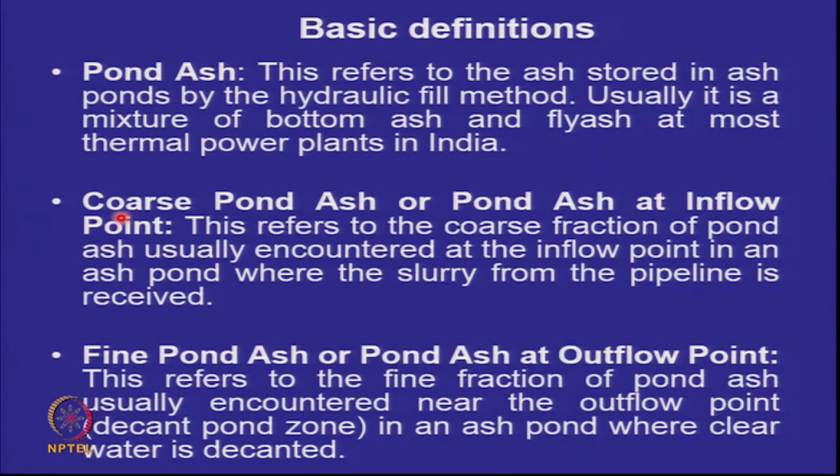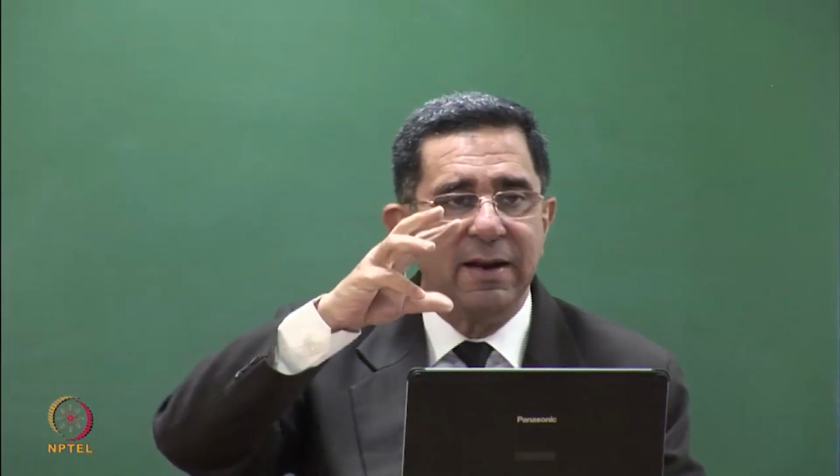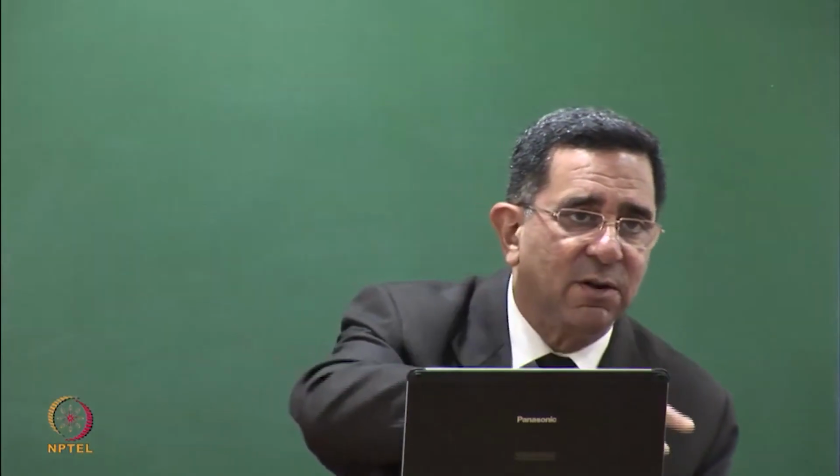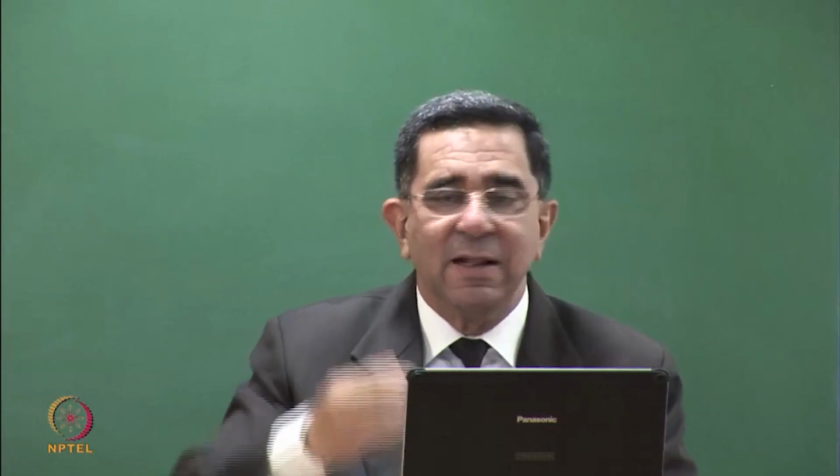Now, there will be some times I will use the word coarse pond ash or pond ash at inflow point, and fine pond ash or pond ash at outflow point. When the slurry comes in a pipeline and it deposits itself on the base of the pond, the coarser particles separate out first and they settle first, and the finer particles get washed away with the water.